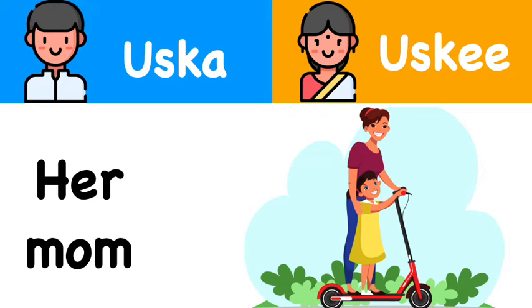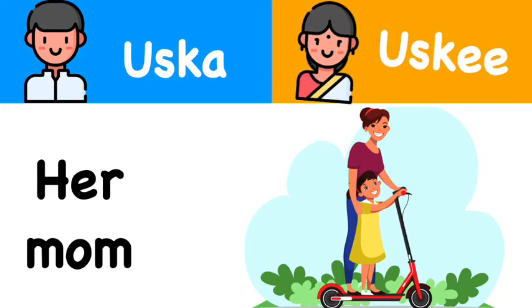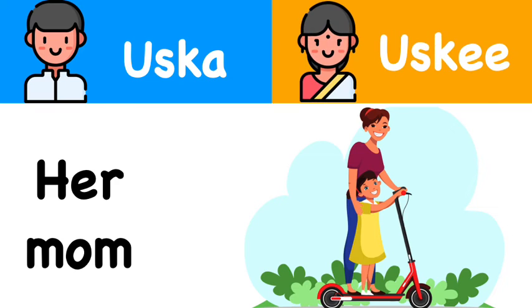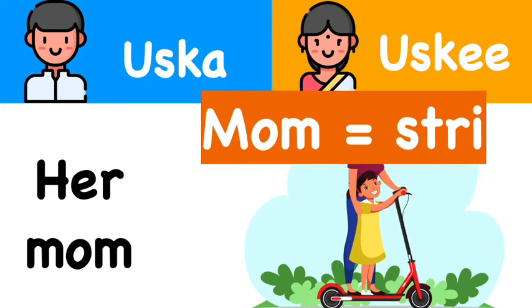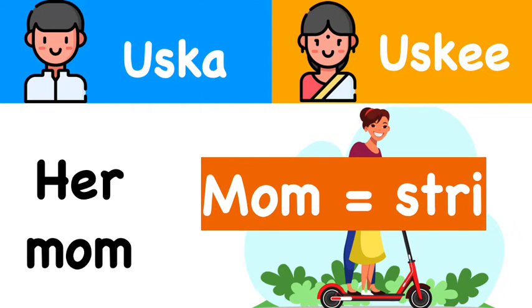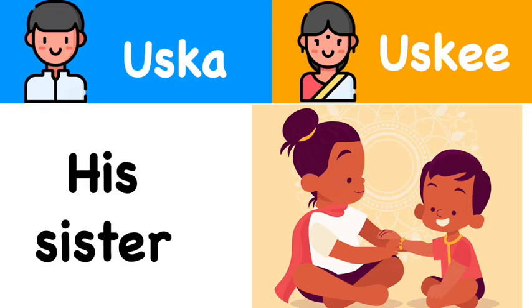What about her mom? Uska or Uski? Well, again, the question you should be asking is, is mom a pull noun or a stree noun? Mom is a stree noun, so it is Uski. Uski ma. What about his sister?